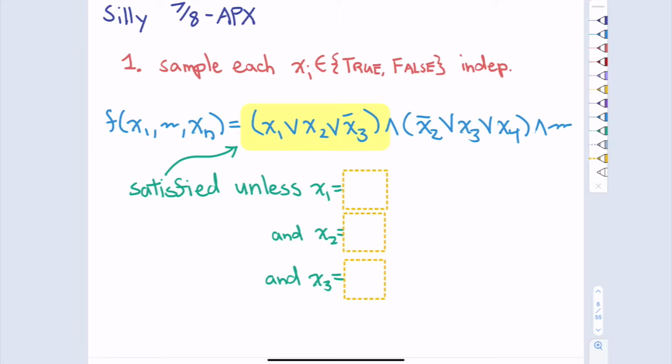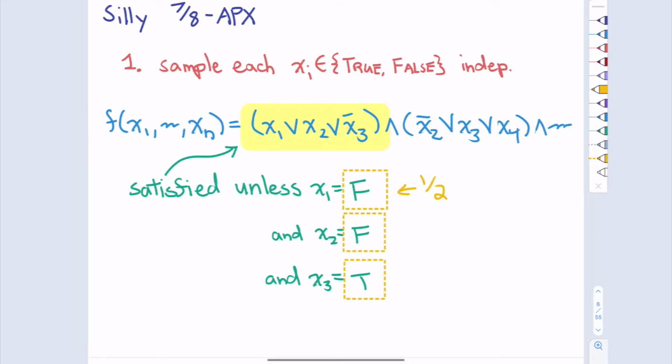I will satisfy the clause unless x1 is equal to false, and x2 is equal to false, and x3 is equal to true, right? So basically you flip 3 coins, and there's only one outcome of all 3 coins simultaneously that won't satisfy the clause. Okay? So they are independent coins.